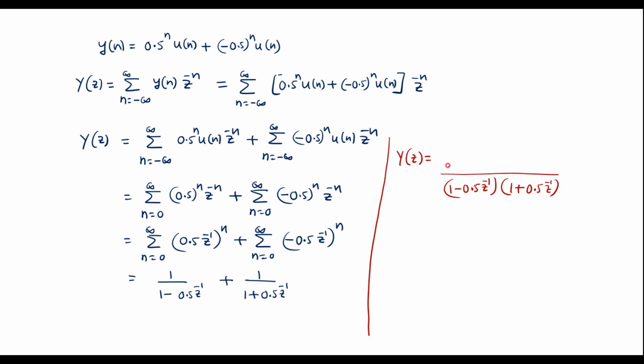So this term will be represented here 1 plus 0.5 z inverse plus 1 minus 0.5 z inverse. Simplifying this, y of z is equal to 2 divided by 1 minus 0.5 z inverse, and 1 plus 0.5 z inverse.